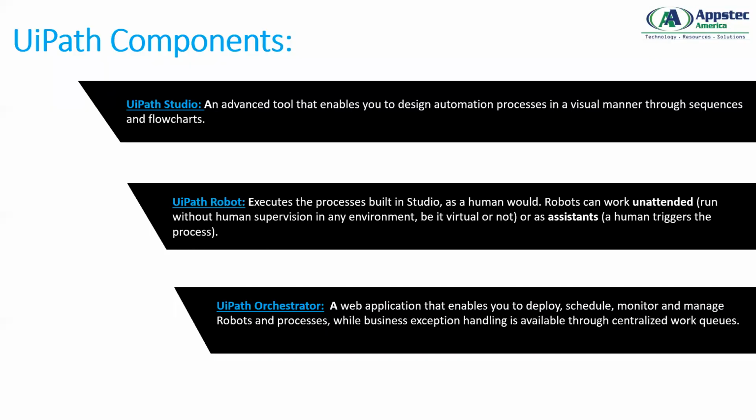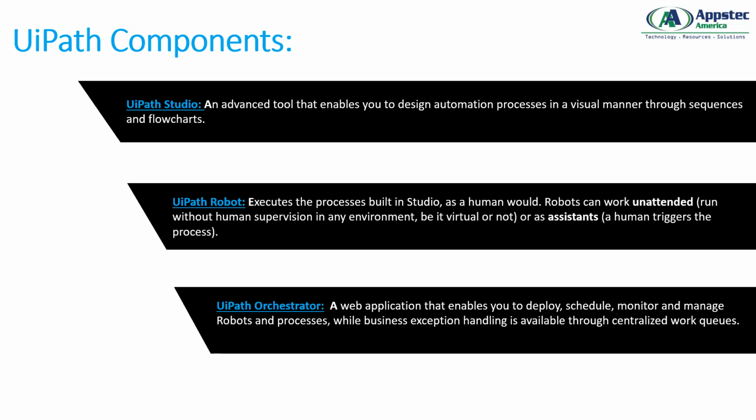Okay, with respect to UiPath Studio, we have seen that it's an advanced platform where the design of the automation process takes place. UiPath Robot is actually responsible for process execution. So whatever code is developed, your system has to run a service called UiPath Robot, which is capable of performing all the tasks. Robots are generally of two types in UiPath.